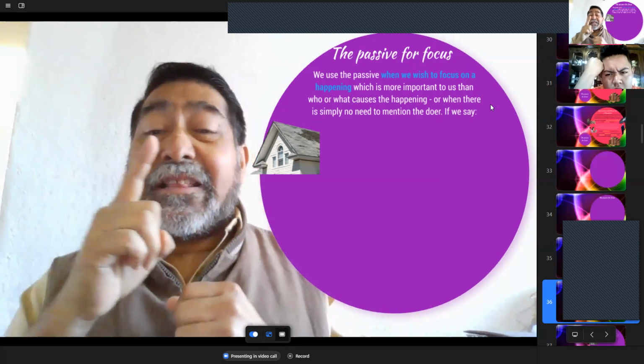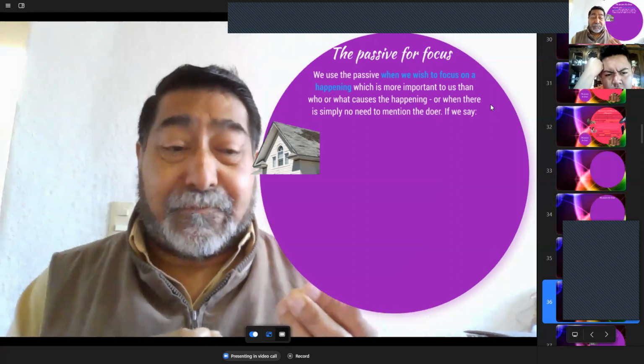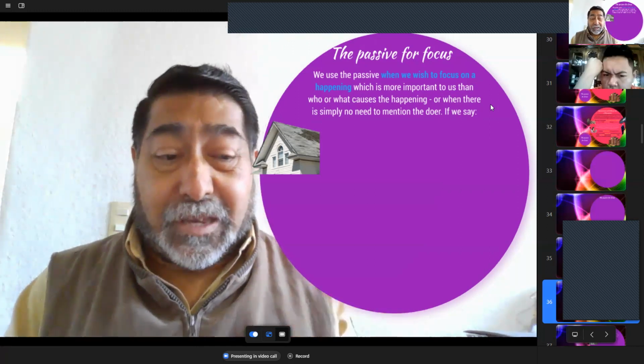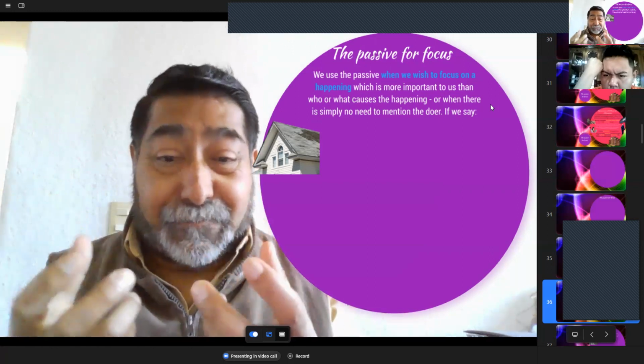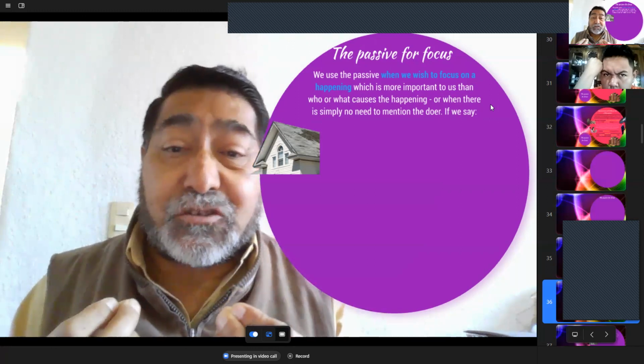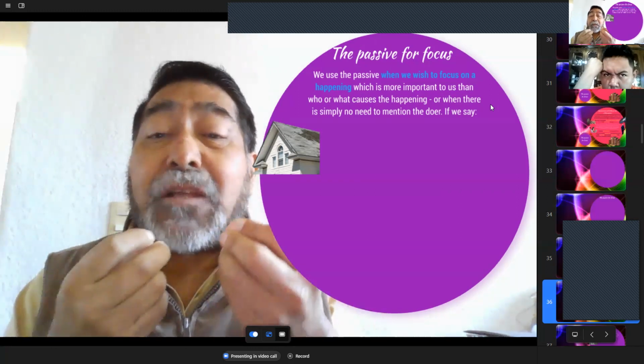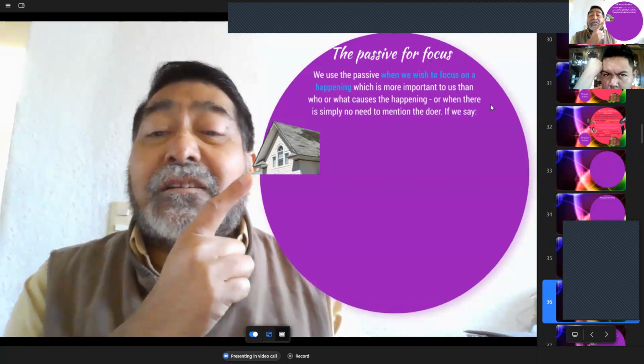Or we can say the house needs to be repaired. Or some repairs, if I am paying attention to the subject, the receiver of the action, some repairs must be applied to the house.